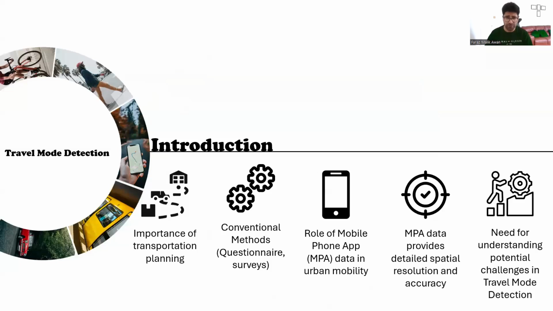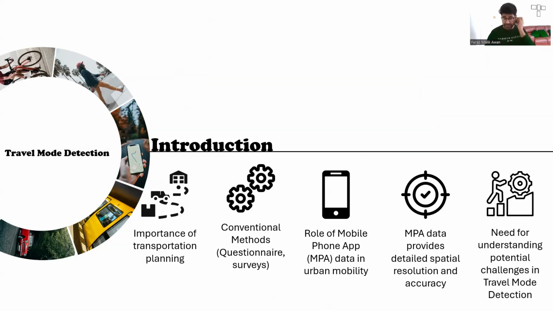Conventionally, survey-based approaches are used to collect these data and information, which come with their own challenges and limitations. For example, looking for volunteers to participate in surveys and inevitable human error while filling out those surveys.